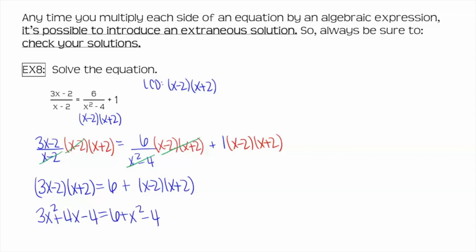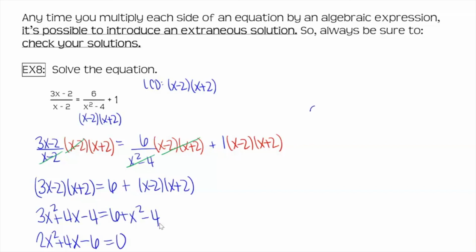Because it's quadratic, I want to get a 0 on one side. So I'm going to subtract everything that's on the right. I subtract x squared. 6 plus negative 4 is going to be just 2, so I'm also going to subtract 2. And we can factor that.